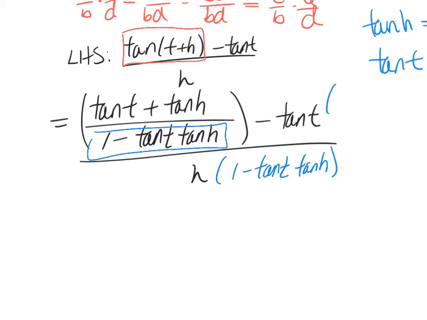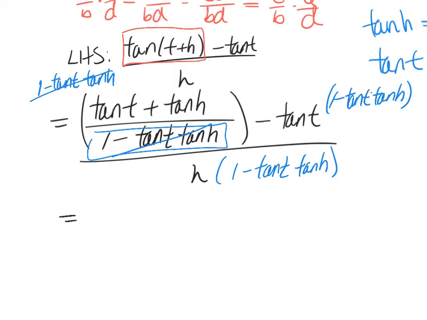I'm going to multiply this term by that. And I'm going to multiply this term by that. I multiply every term by my common denominator so that I can get rid of my complex fraction.